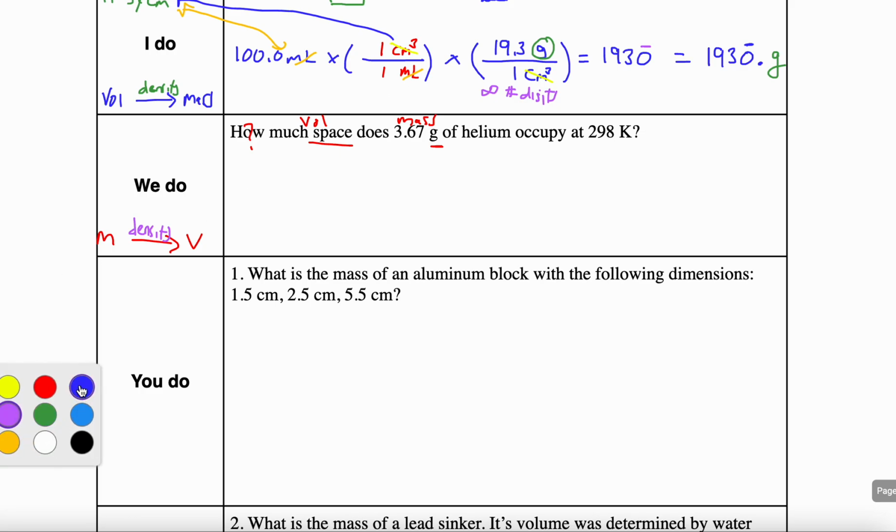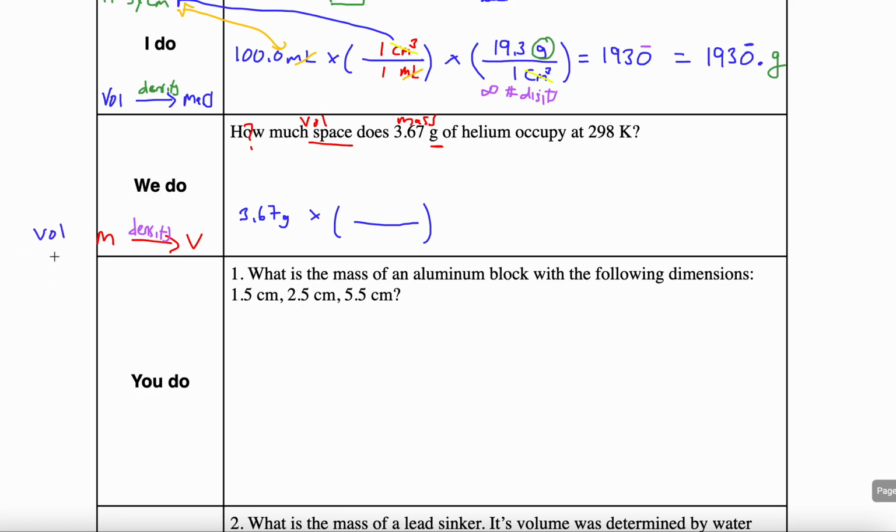Let me get it set up: we have 3.67 grams of helium, and we need to get to a volume. Well, we have a variety of units that volume can be expressed in. We could measure it or express it in milliliters, centimeters cubed, liters, gallons would be the first few that pop into my mind. So we need to get to one of those units.